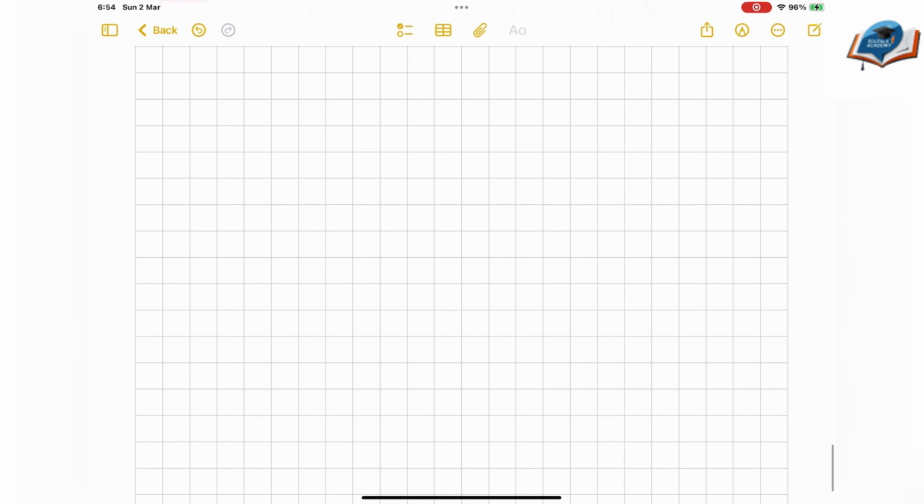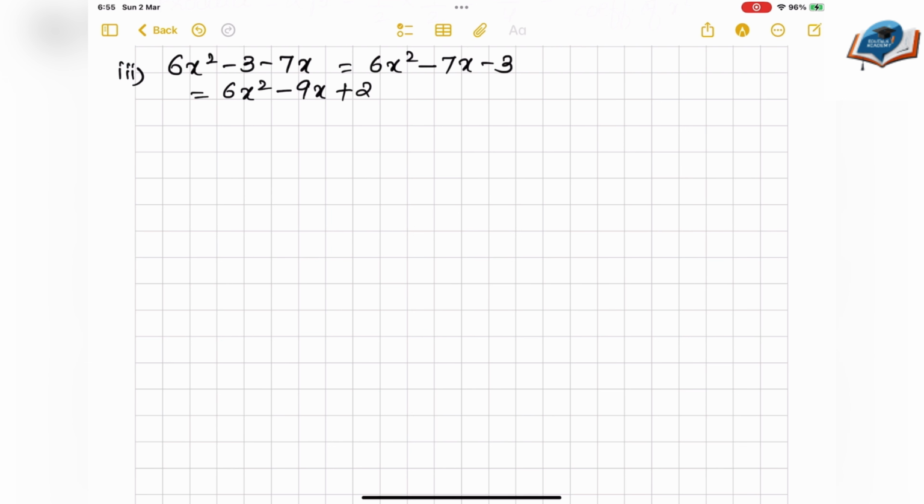Then third one, it says 6x square minus 3 minus 7x. So this first I need to rearrange: 6x square minus 7x minus 3. Now 6 threes are 18. 18 such factors whose sum is coming minus 7. So I can say 9 and 2. So 6x square minus 9x plus 2x minus 3.